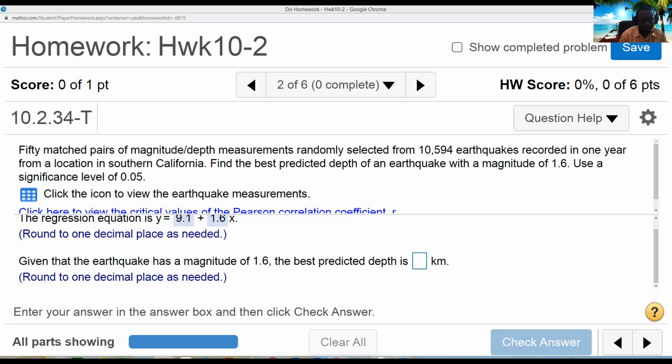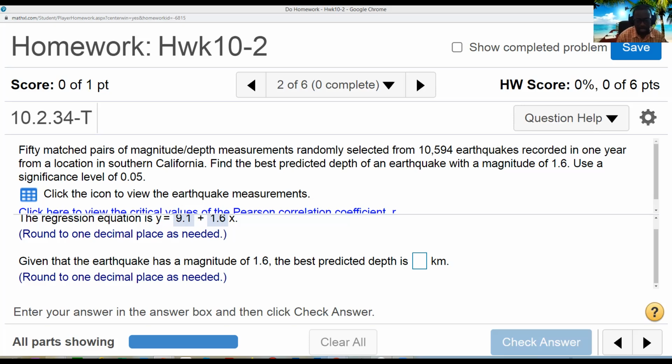So meaning that there is no linear correlation. Okay, hence this is a bad model. Hence a bad model.